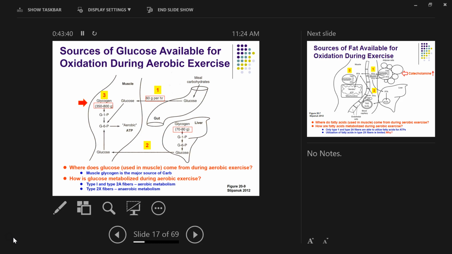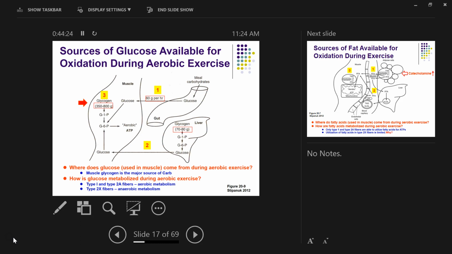So two things. One is in terms of fibers, the three types of fibers. Type 1, 2A, and 2X are able to utilize glucose for energy, right? But they metabolize glucose differently. Type 1 and type 2A fibers have a relatively high mitochondrial content, so these two types of fibers are able to metabolize glucose aerobically.